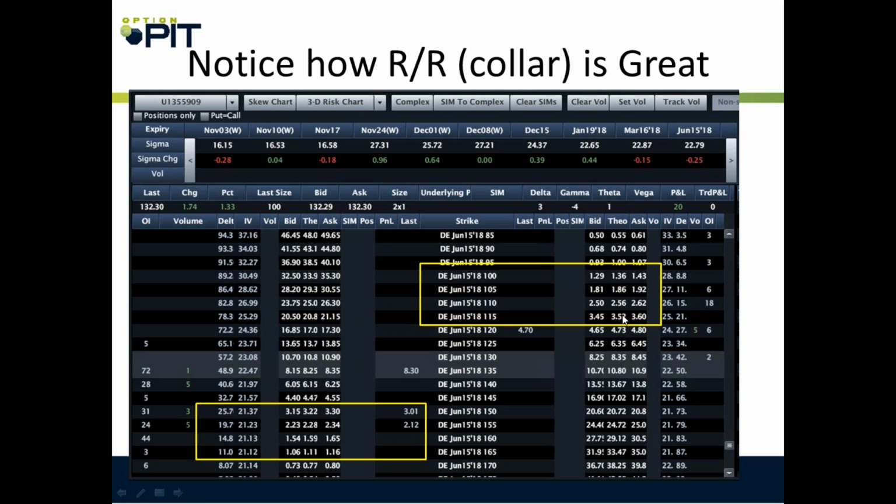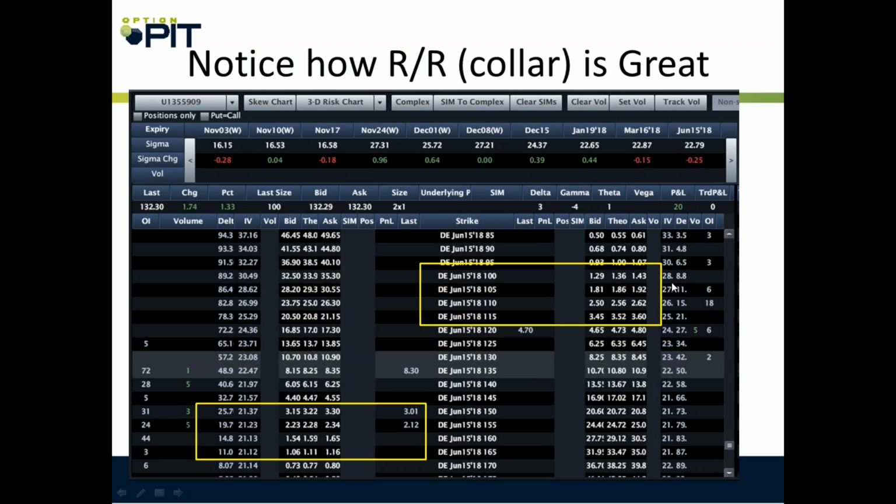All right, so I can sell the 115 put at 3.50. That's $17, $18 out of the money. Well, the same distance to that call. The 150 call, that's also about $17 out of the money, is $3.20.